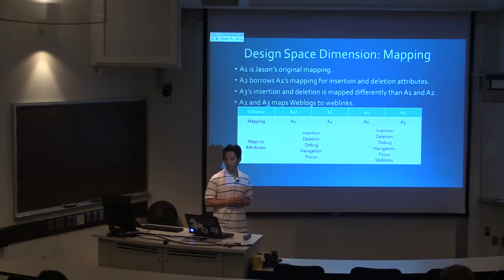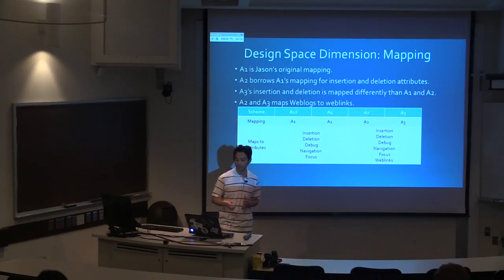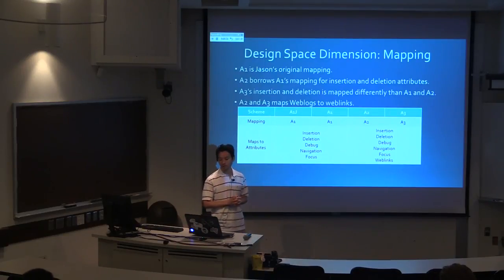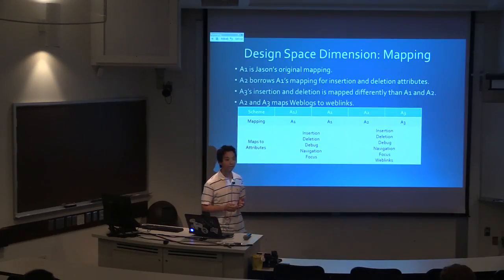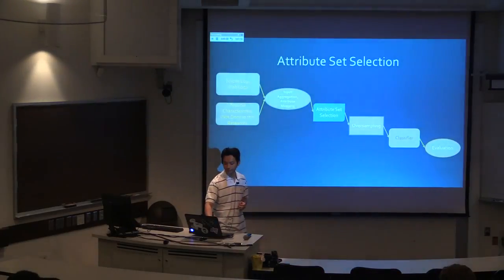A3 has its own insertion mapping to insertion and delete, while both A2 and A3 introduce a new attribute for the classifier called web link, which is just the amount of time that a person uses the internet while programming. And Jason did not use web link in his.